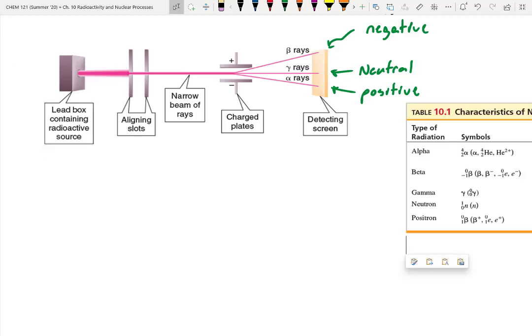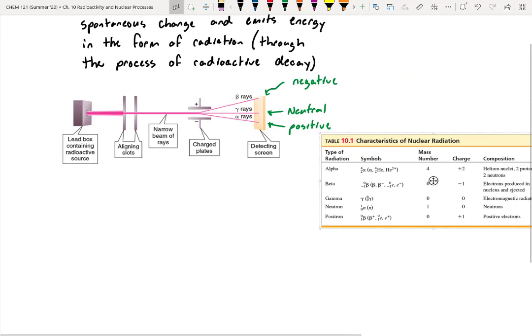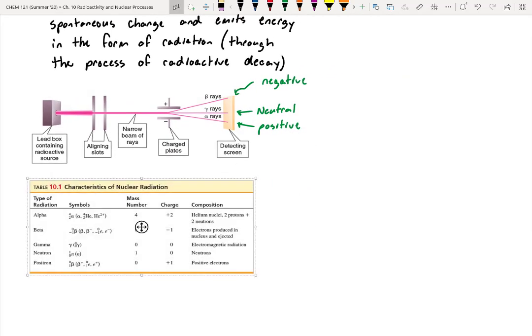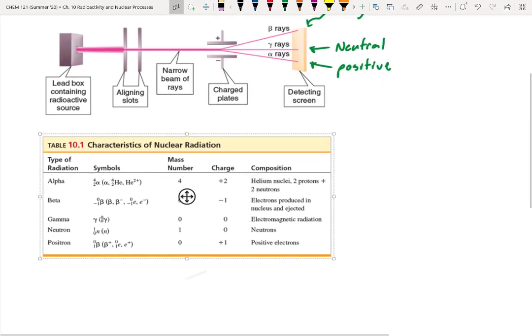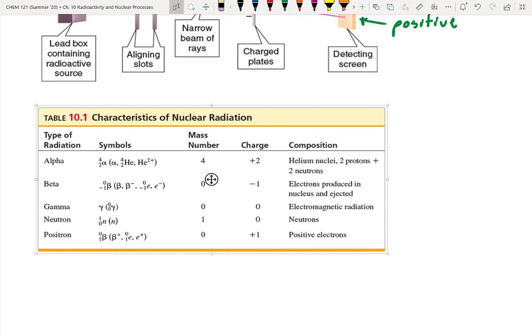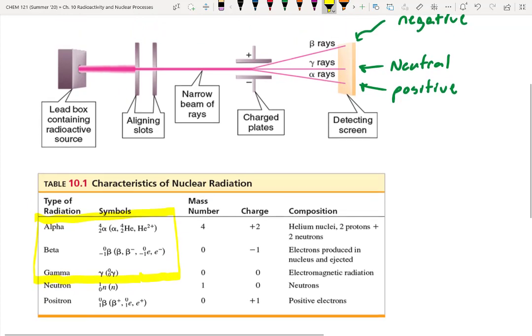There's a good table in your book that talks about all of these. So let's take a look at this table right here. In this table, you can see we've got alpha particles on the top, beta next down, followed by gamma, and then neutrons and protons. These top three were the ones that we originally observed in this top experiment.